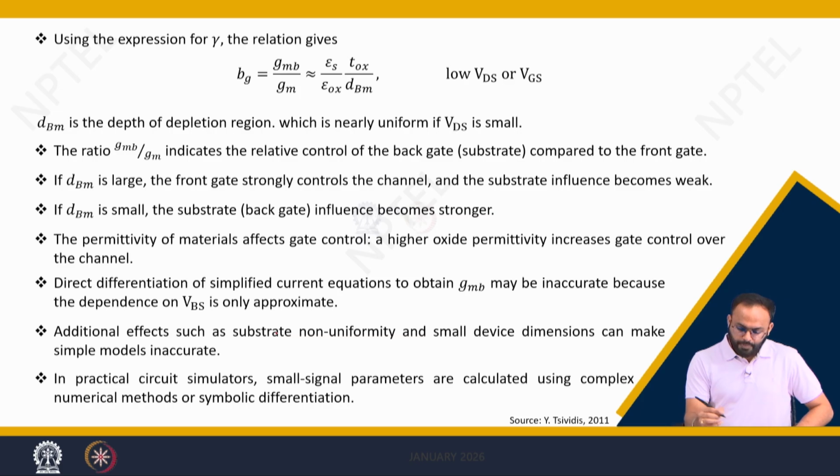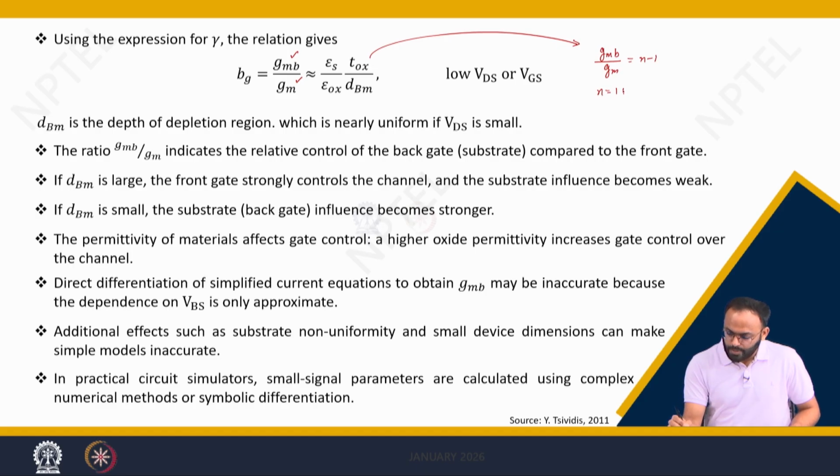This factor GMB by GM actually reflects the control of the gate and the body in the channel, which means, as I said, that GMB divided by GM can be defined as n minus 1, where n is equal to 1 plus CB dash divided by COX dash.